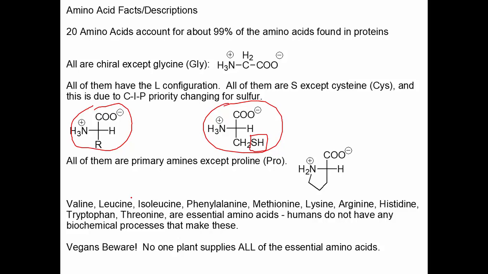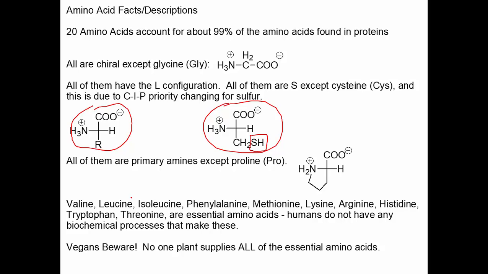We call valine, leucine, isoleucine, phenylalanine, methionine, lysine, arginine, histidine, tryptophan, and threonine essential amino acids. Humans do not have any sort of biochemical process occurring in their bodies that make these amino acids, so they have to come from dietary sources. And if you go to any health food store, you can buy any of these amino acids in their pure form.